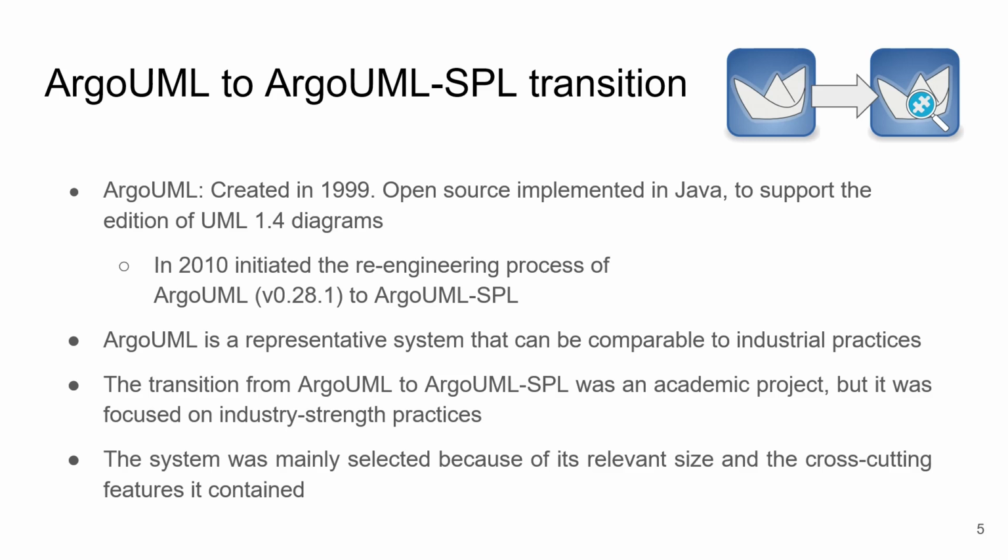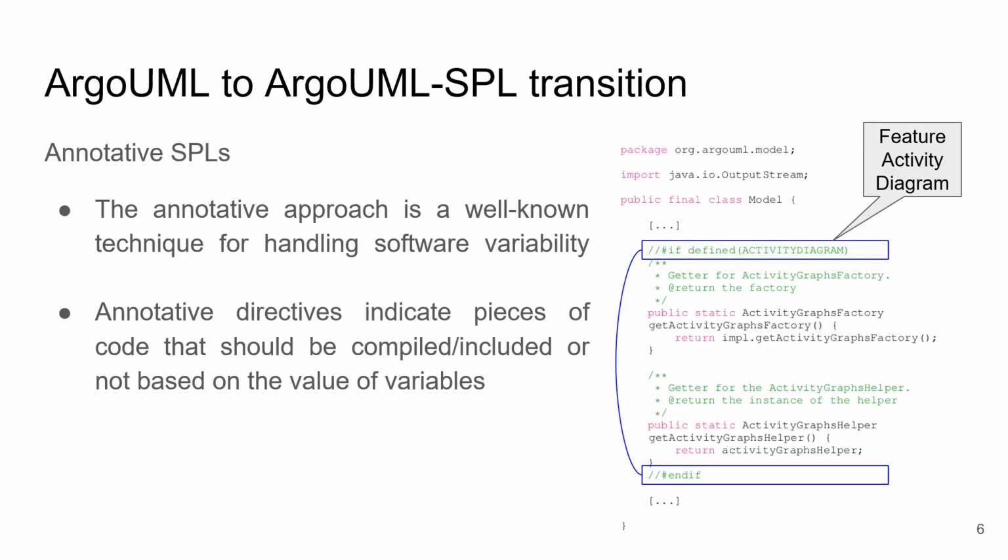As an academic project on extracting SPLs, ArgoUML was selected for its size and because it had features with a clear cross-cutting behavior. The idea was to select a case study close to or representative of a possible industrial case, so they took ArgoUML. In this process, a total of 8 features were extracted, and 2 of them with cross-cutting behavior with respect to the other 6.